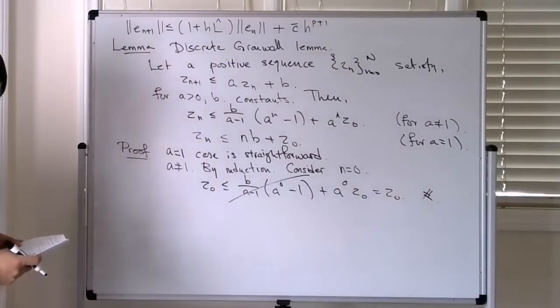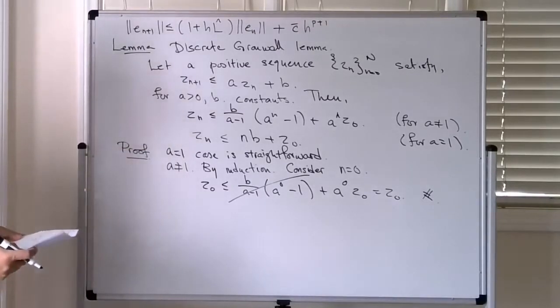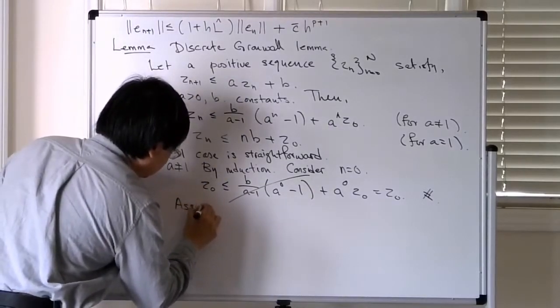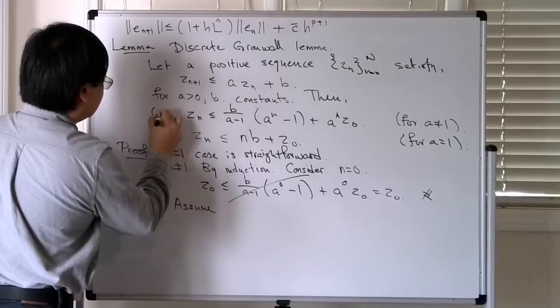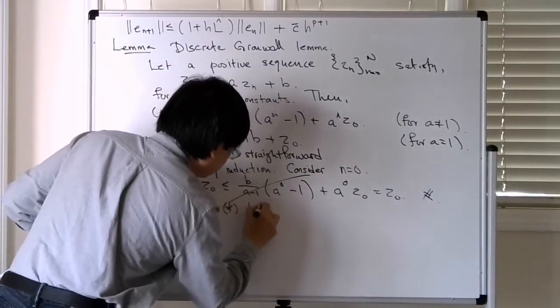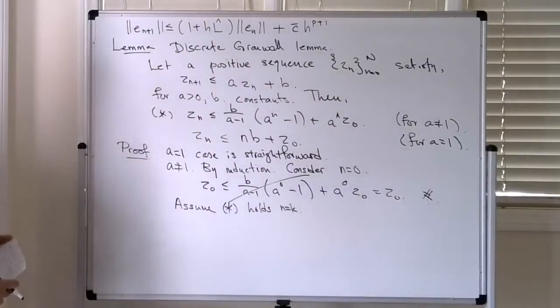So let's now start by assuming that this inequality holds for the n equals k case. So you assume that the inequality, let's call that star, holds for n equals k.